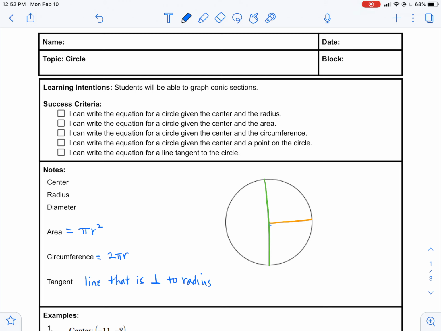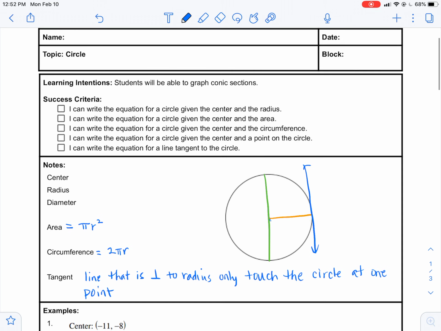And so it only touches the circle at one point, okay? So what the tangent would look like would be maybe a line coming right down through here, maybe that just touches right there, and these two are perpendicular. Okay, so that's going to become important with what we're going to talk about later on.